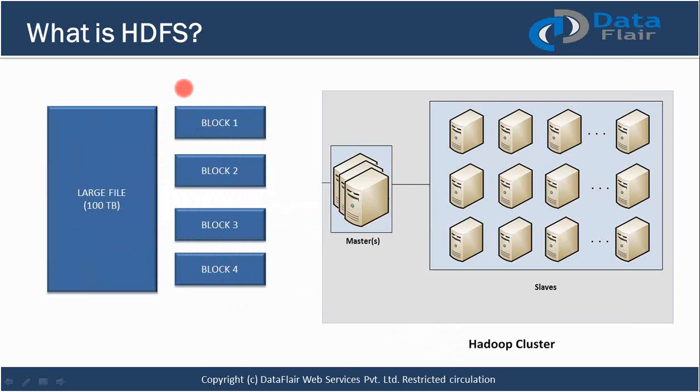Look at the animation. Block 1 available here, block 2 available here, block 3, block 4 and so on. Guys, for simplicity I am just showing 4 blocks, but there will be thousands of blocks for this particular file. So you can imagine the blocks are stored on all the machines distributedly.